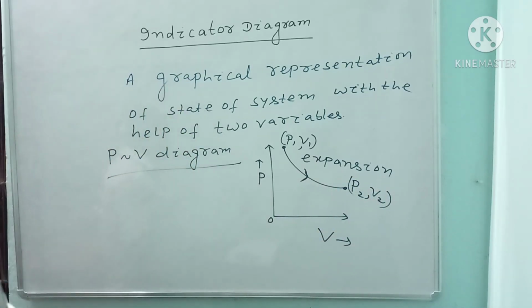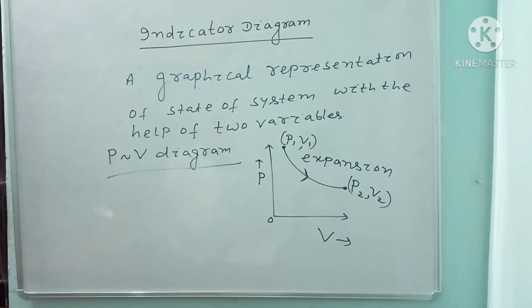I mean, the initial pressure is P1, initial volume is V1, final pressure is P2, final volume is V2. The state of the system or gas is changed from P1, V1 to P2, V2.